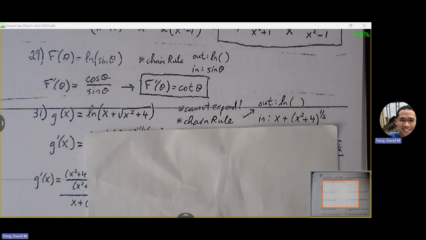Let's say both these problems are asked to find a derivative. Whenever I see a log problem, I'm always thinking, how can I take advantage of log properties so that I don't have to deal with a messy product chain rule combination? Here, this is in the form of natural log of A times B. I can expand it into y equals natural log of A plus natural log of B.